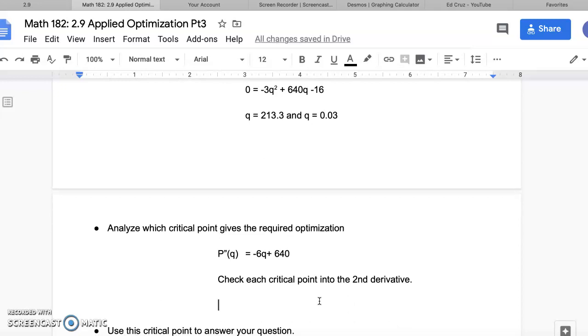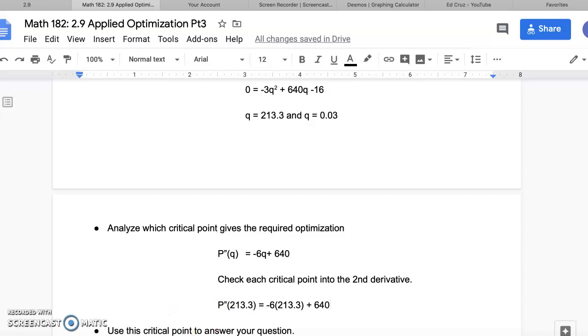So the first one, p double prime of 213.3. Now, that'll give me negative 6 times 213.3 plus 640.